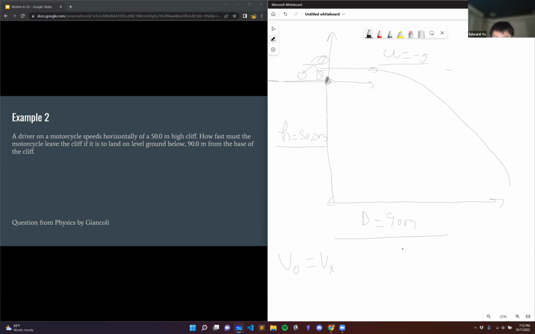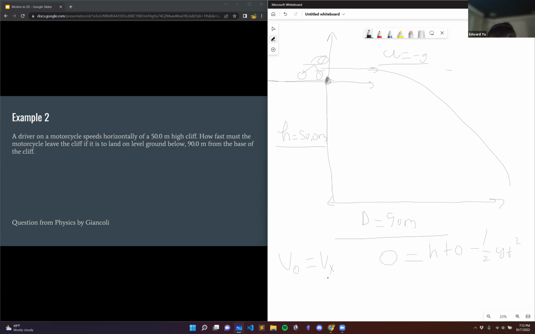My final height would just be 0 since it goes all the way down here. It is equal to the initial height, which is h, and since there's no y velocity, it would just be plus 0 and then minus 1/2 gt squared.